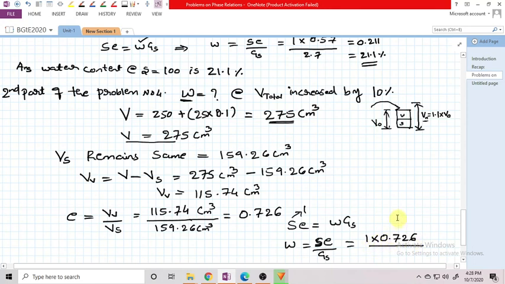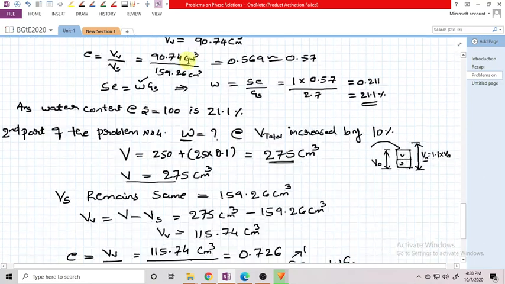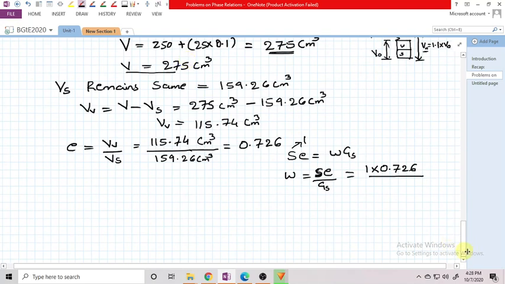Specific gravity is also the same, it is not going to change. So the calculated water content will be 0.269, that means 26.9 percent. So this is the water content.